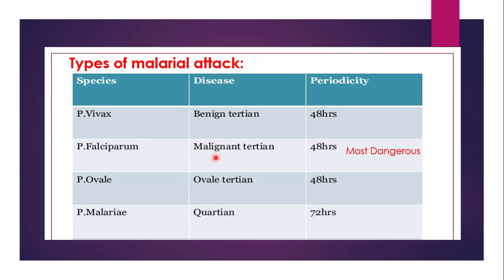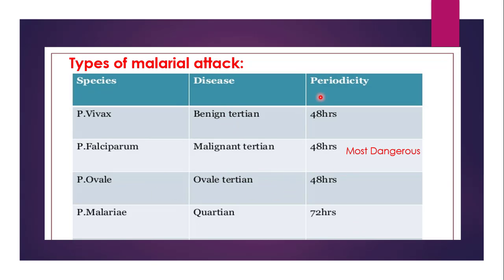And this is the malignant tertian malarial attack, caused by the species Plasmodium falciparum. Here also the attack occurs after 48 hours, and it is the most dangerous form of malarial attack. Then Plasmodium ovale, as the name suggests, ovale tertian, is caused by Plasmodium ovale, and it is a tertian form.